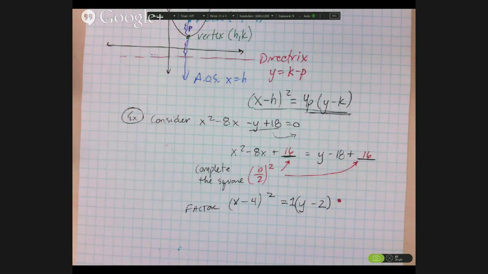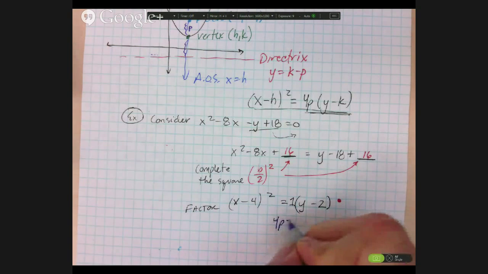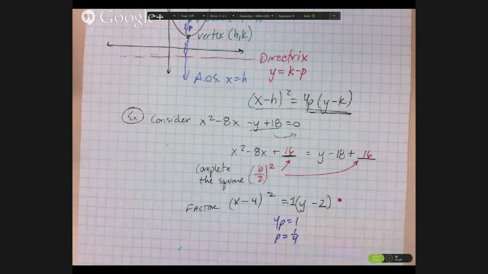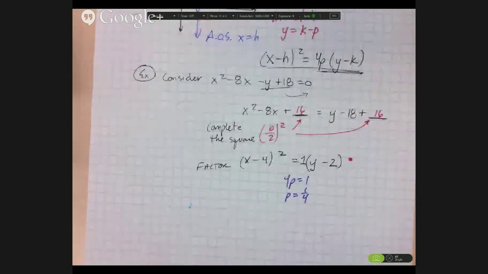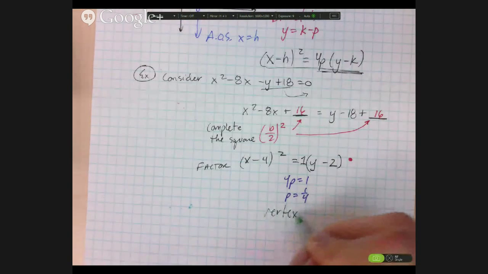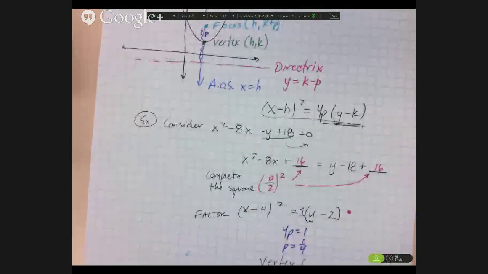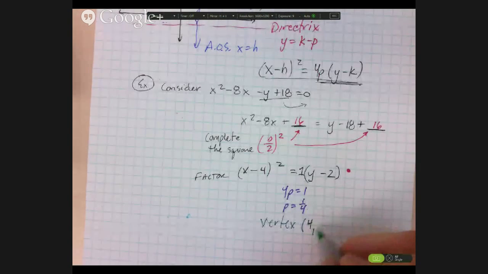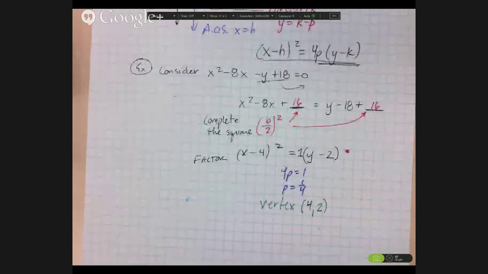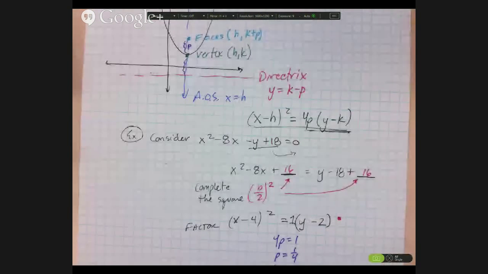4p is 1, right? So what's p? 1/4. Yep. If you need to set that equation up, feel free. Now, you can go through and the vertex is (h, k), 4, 2. Focus.